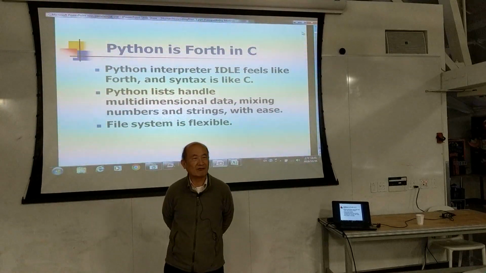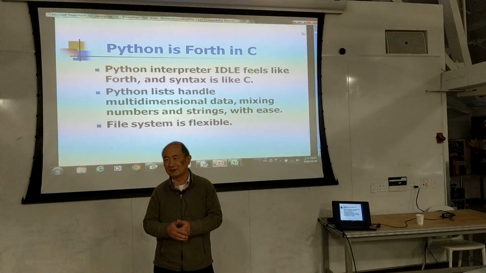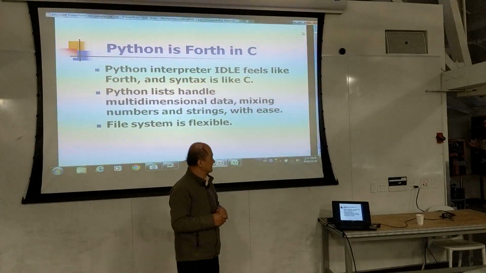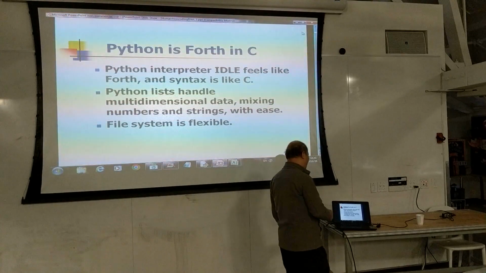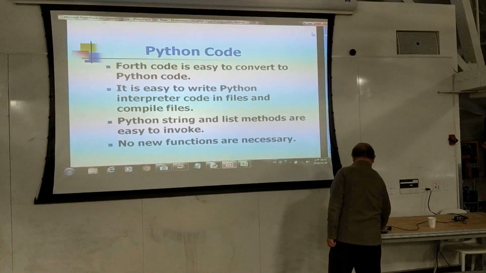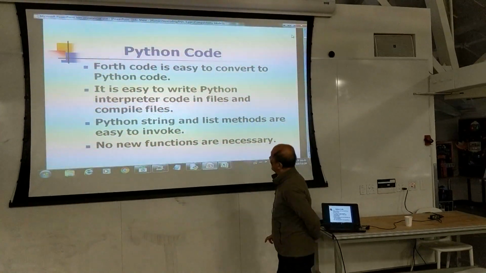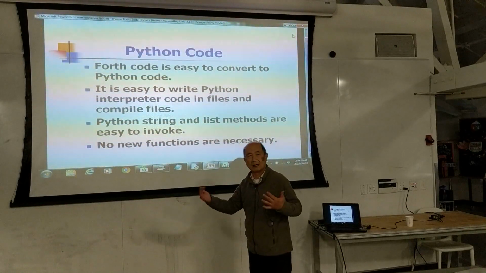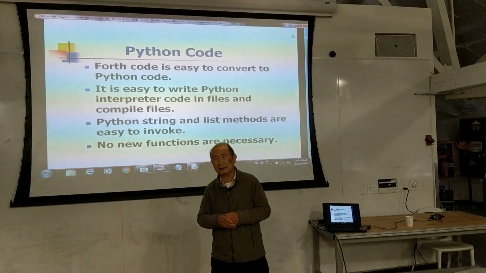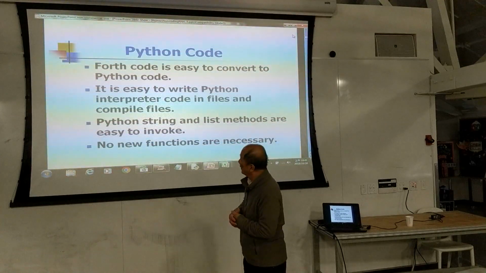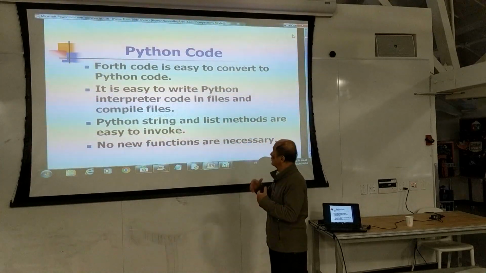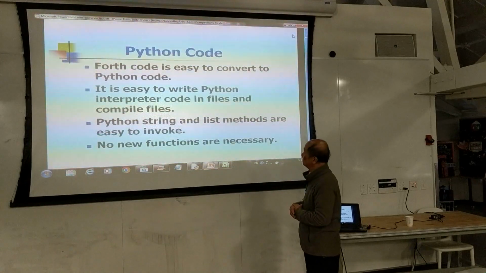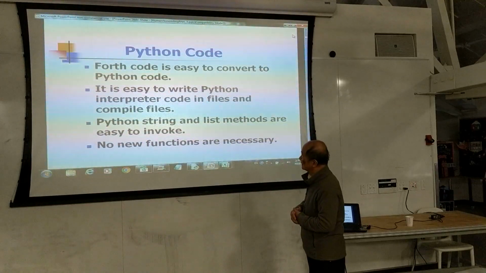So I'm very happy with Python. Originally many of the critical routines were written in Forth, and all these were converted into Python, and it's not difficult. And it is very easy to write Python interpreter code.